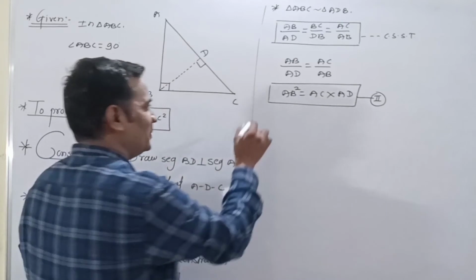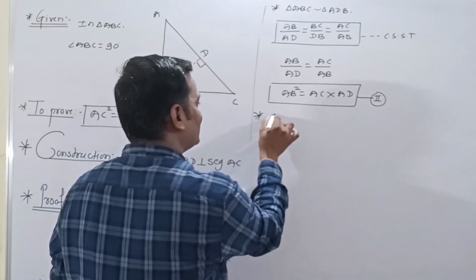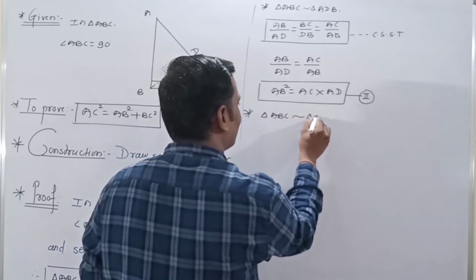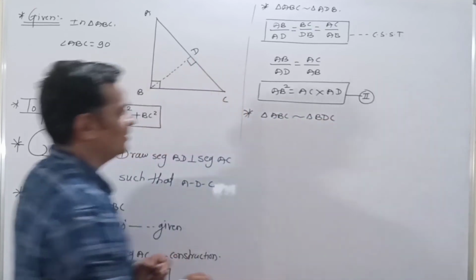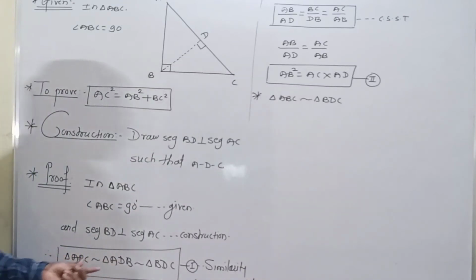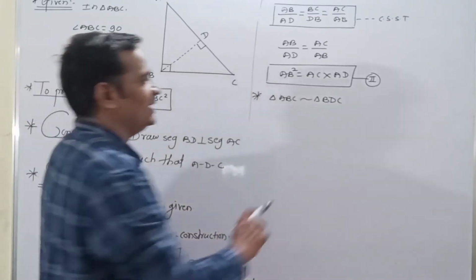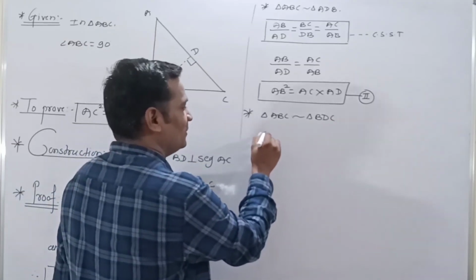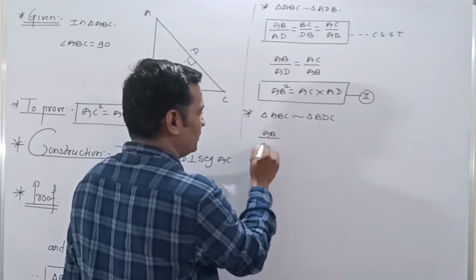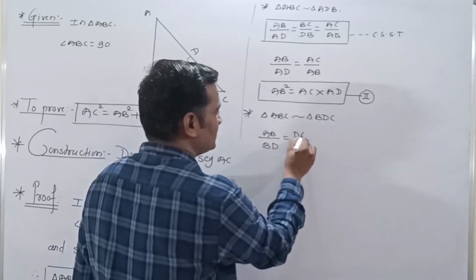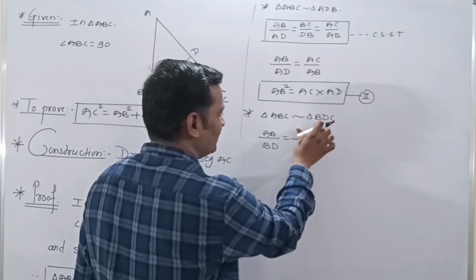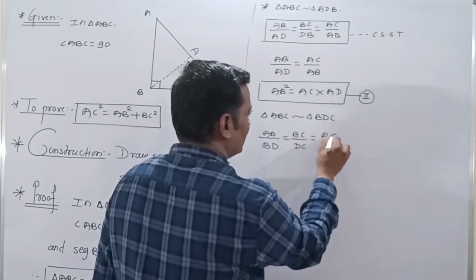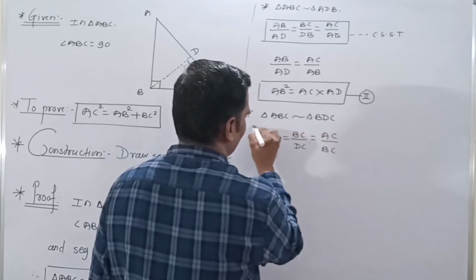So let's take one more pair of similar triangles. First we will keep as it is triangle ABC, similar to triangle BDC. ABC is also similar to BDC, and if two triangles are similar, then corresponding sides are in proportion. That means AB upon BD is equal to BC upon DC is equal to AC upon BC.